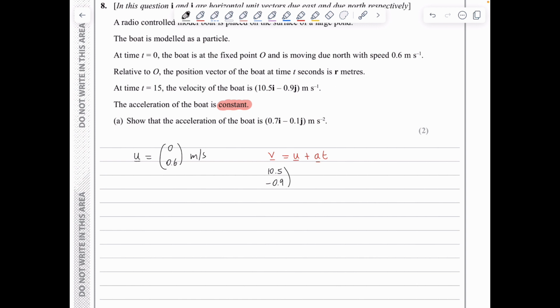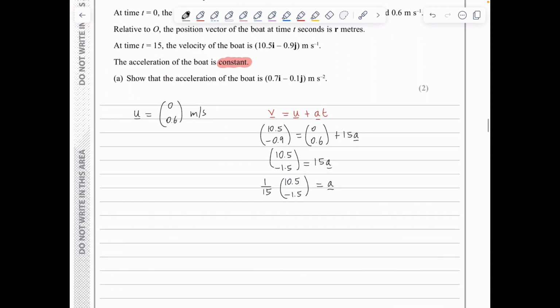For u, it's the 0, 0.6, plus 15a because t is 15. This leads to 10.5, minus 1.5 is equal to 15a. If I divide both sides by 15, I get 1 over 15 times 10.5, minus 1.5 is equal to the acceleration vector a. This turns out to be 0.7i minus 0.1j, and that's meters per square second.